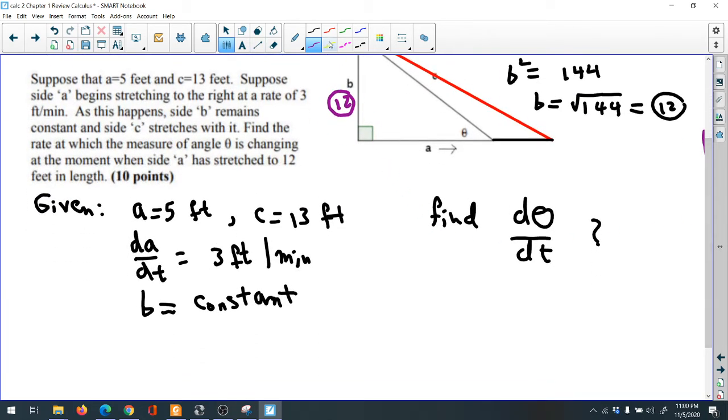Tangent of theta equals the opposite side B over A. That's first. Then solve it for B. B equals, and I'll tell you why, cross multiply: A times tangent theta.